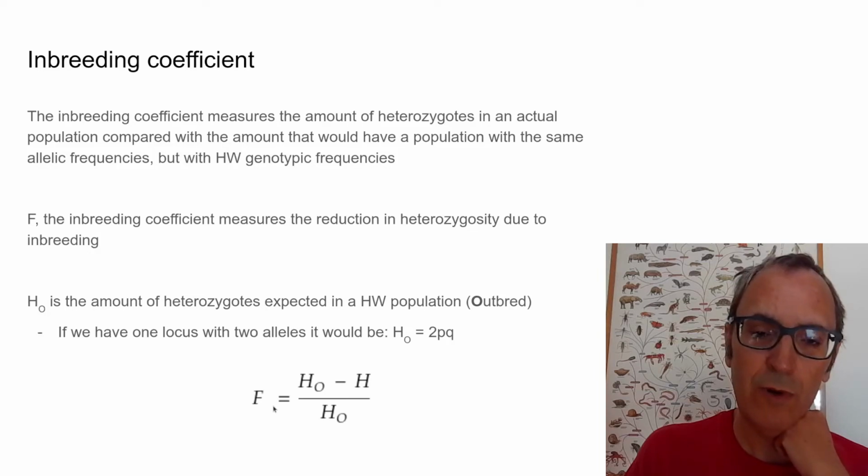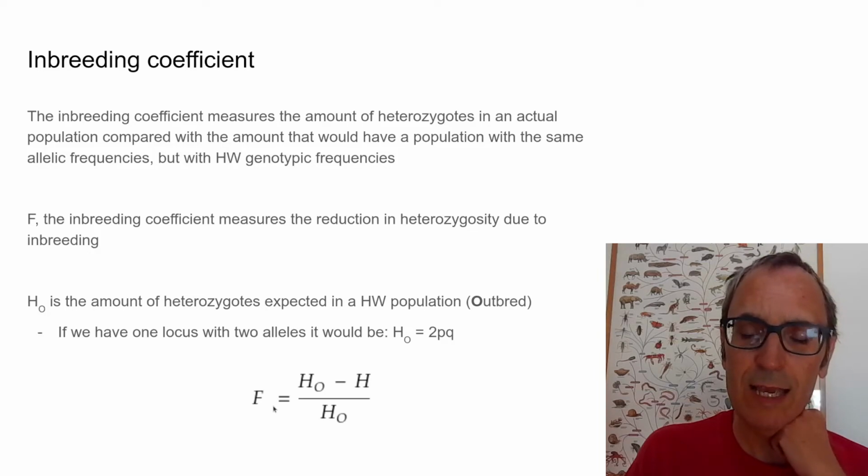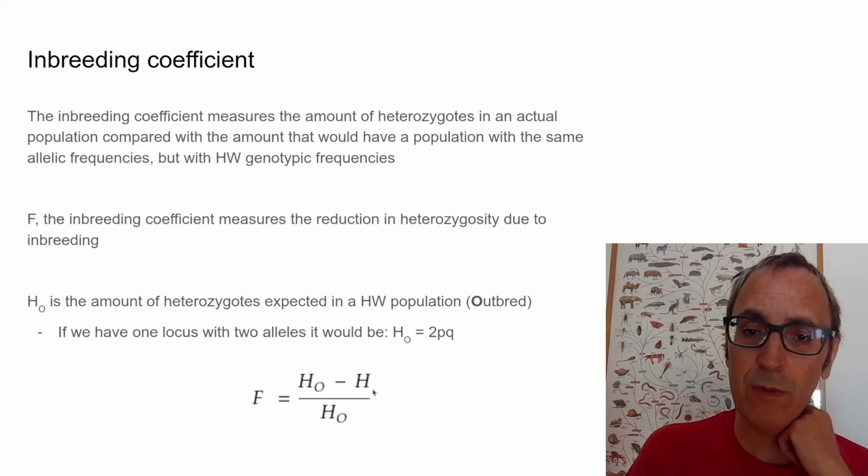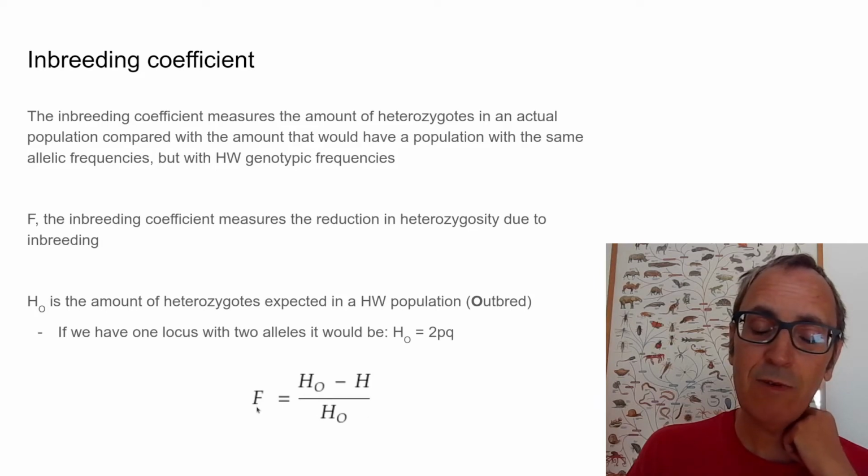If you assume that your reduction in heterozygosity is due to inbreeding, you can calculate how many individuals you would expect in an outbred population, that means in a population that follows Hardy-Weinberg, and you can compare that with the heterozygosity that you have in your population. And using that, you can calculate a new F that in this case is reflecting inbreeding.